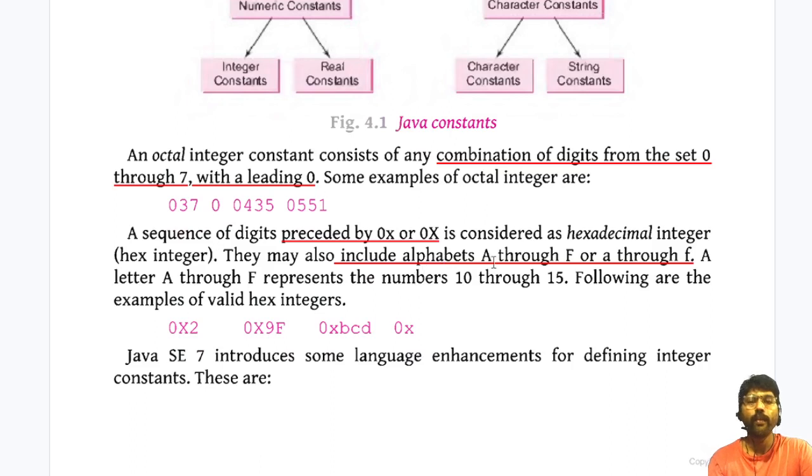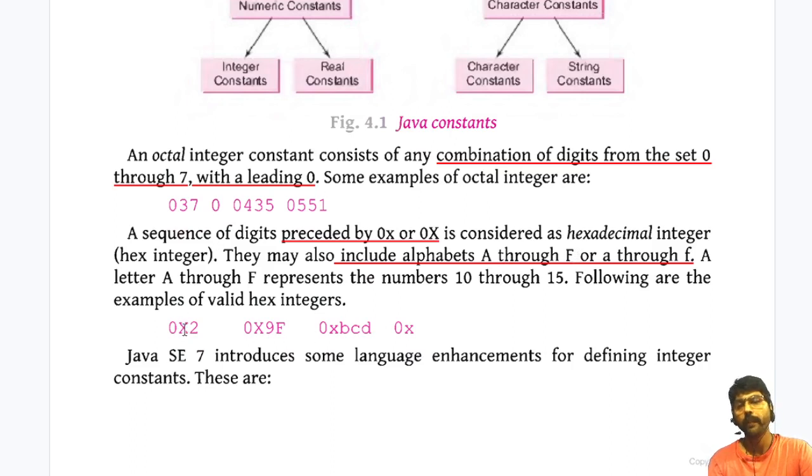Here 10 to 15 are represented by alphabetical characters such as A, B, C, D, E, F. That is A to F. Instead of representing 10, we use the alphabet A. If you want to represent 11, you use the alphabet B. If you want to represent 15, you have to use F.